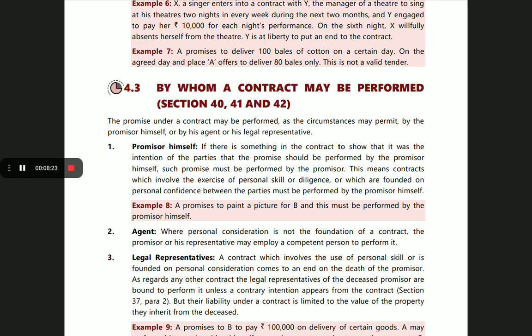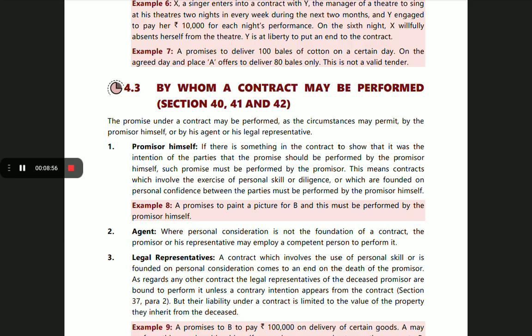This means contracts which involve the exercise of personal skill or diligence, or which are founded on personal confidence between the parties, must be performed by the promiser himself. Example: A promises to paint a picture for B, and this must be performed by the promiser himself.